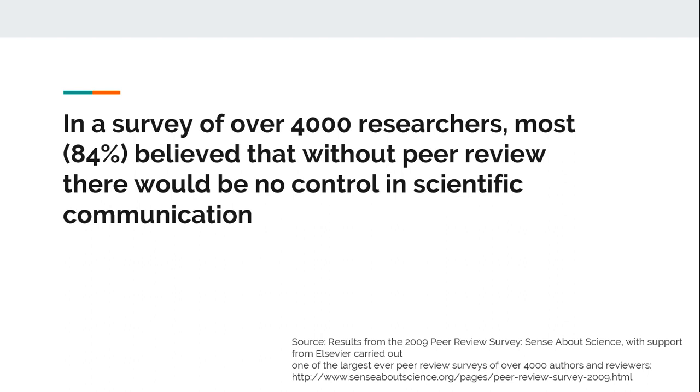The reason is very clear: reviewers who hold a good position or have a good academic record should give productive comments on the manuscripts or papers for possible publication in the journal, and this will definitely enhance the quality and provide control in scientific communication. This survey is taken from the results of the 2019 peer review survey that Sense About Science, with support from Elsevier, carried out. It is one of the largest ever peer review surveys, of over 4,000 authors and reviewers.